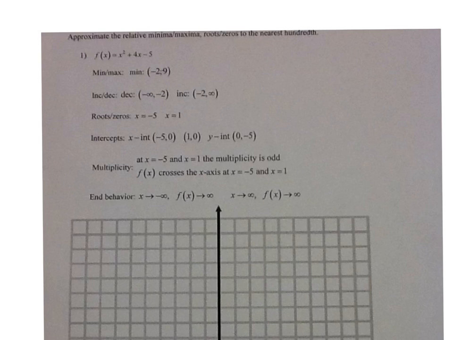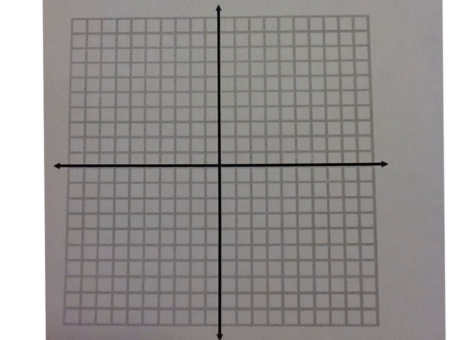So remember, a minimum has to open like this. Okay, a max would open like this. So at that point, -2, -9, I'm going to draw something like that. All right, so let's start with that. So go to your graph, and you're going to plot -2, -9.